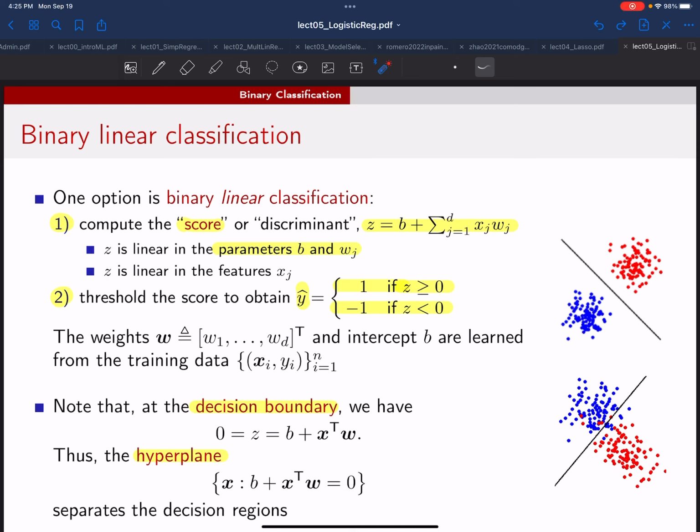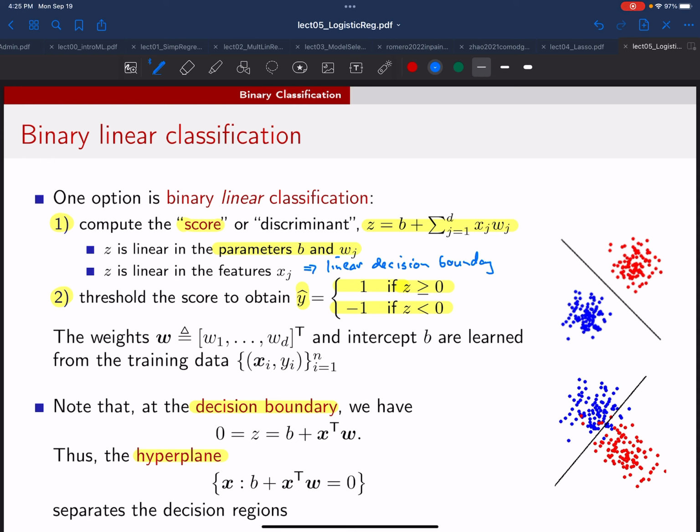If somehow you, let's say, put a square on these x's, then what you would find is this would no longer be a line, it would be some sort of curve. But because it's linear in x, this boundary is linear. So I'll just make a little note here. This is a linear decision boundary.